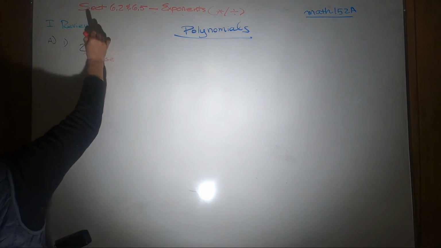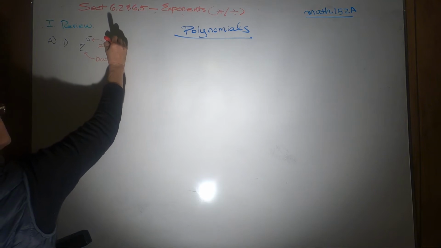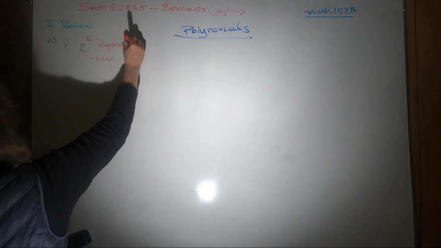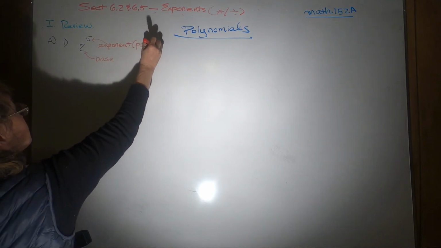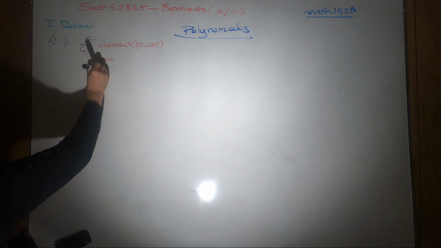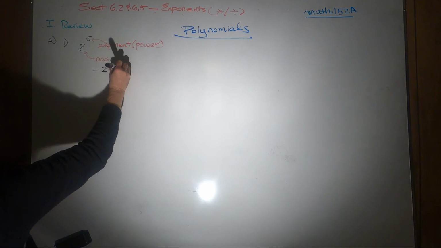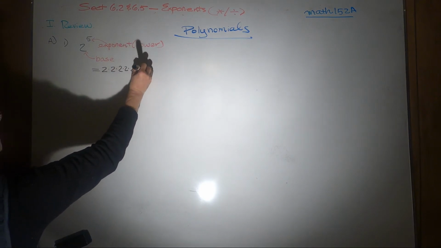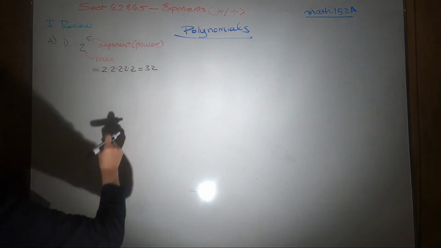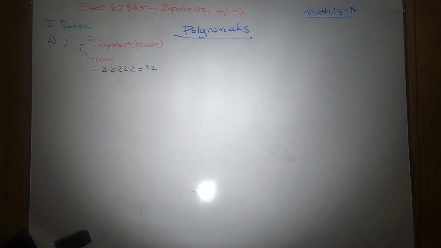The top one we call an exponent or a power, right? Then what does it mean? It means shorthand writing for 2 times itself. How many times? 5 times. So it means 32, right?